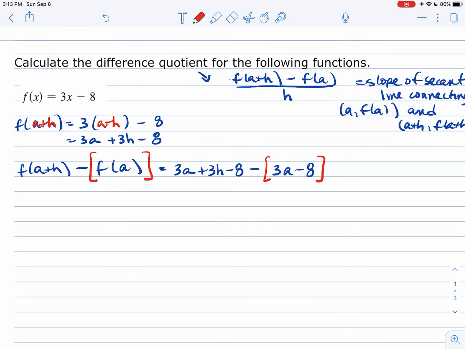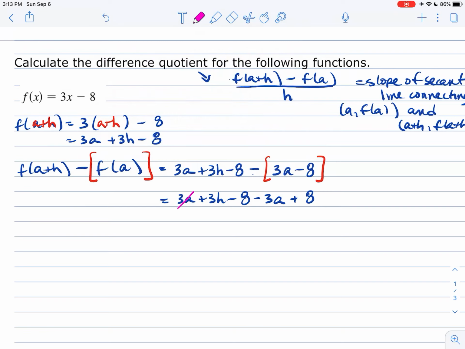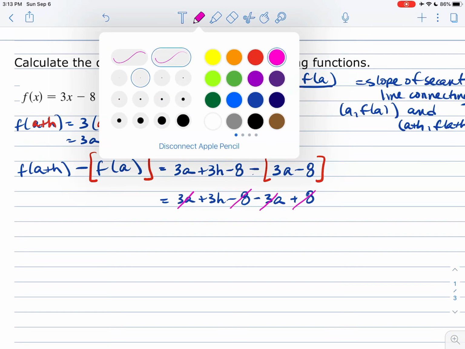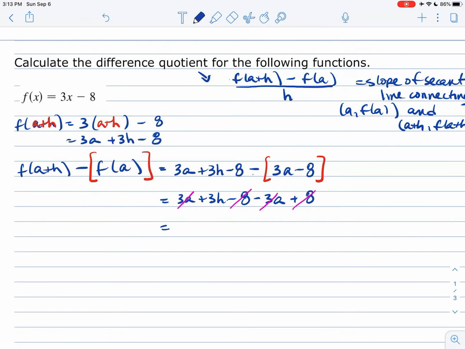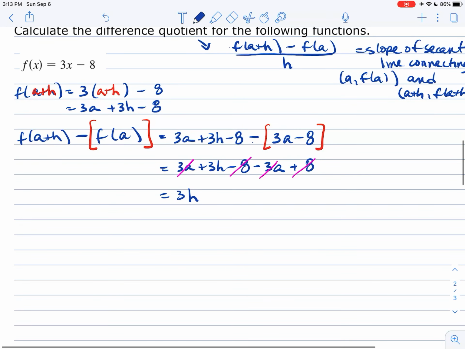Good. Now we want to be able to clear our parentheses and collect like terms. We get 3a plus 3h minus 8, minus 3a, and minus turns into a plus. We see that 3a minus 3a cancels out, and minus 8 plus 8 cancels out, and we are left with 3h.